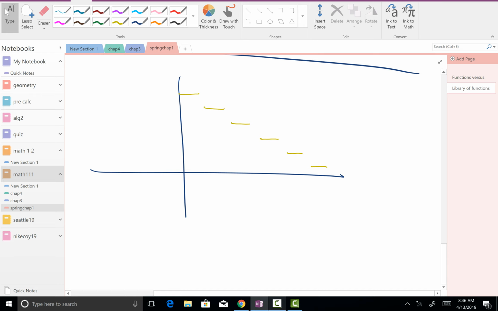Last one, y equals round. What does that one do? Yeah. It rounds either up or down according to whether it's equal to or above 0.5, or below.